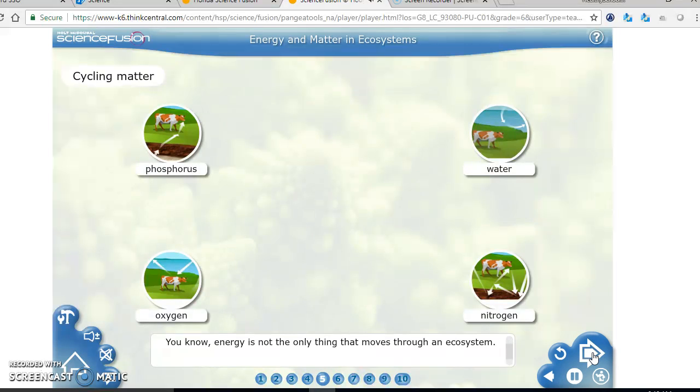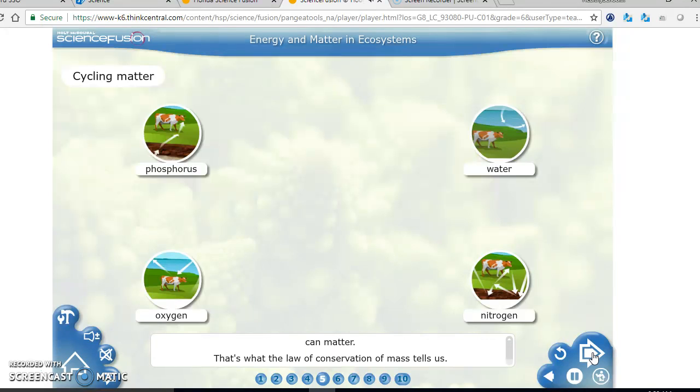You know that energy is not the only thing that moves in an ecosystem. Matter matters too. That is, matter such as water, nitrogen, phosphorus, oxygen, and carbon, which also cycle through the ecosystem. And just as energy cannot be produced from nothing or destroyed, neither can matter.